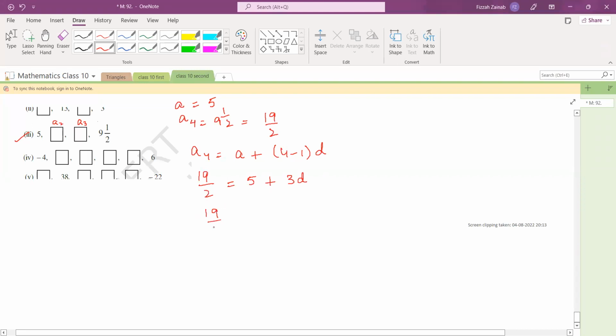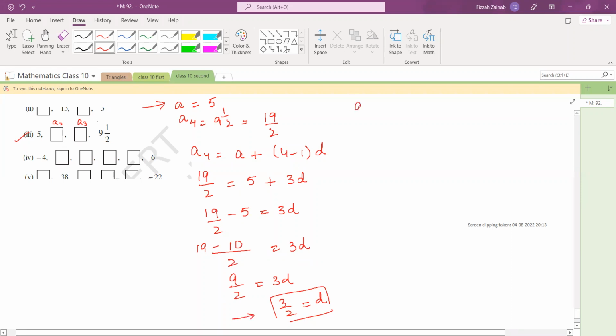So 19 divided by 2 minus 5 is equal to 3d. So now you take LCM. So 19 minus 10 is equal to 3d, and then you have 9 by 2 is equal to 3d, and then you divide it by 3. So 3 by 2, right, is your d. So you have got the d. Now you know a, you know d, any term you can write, isn't it?